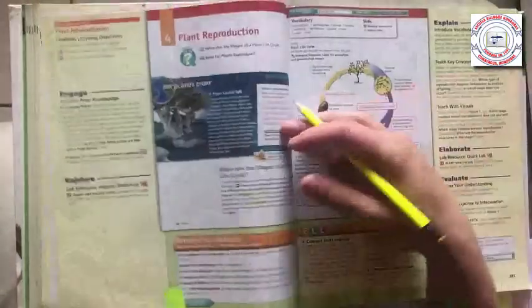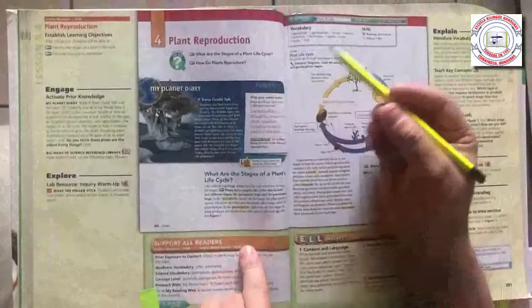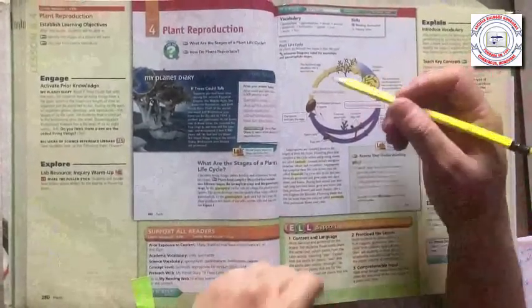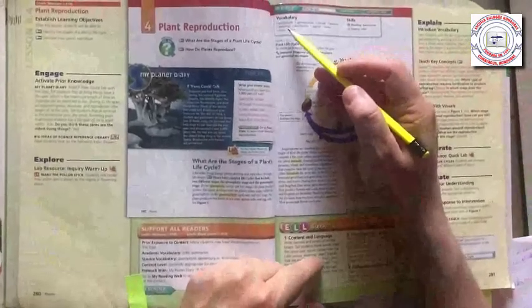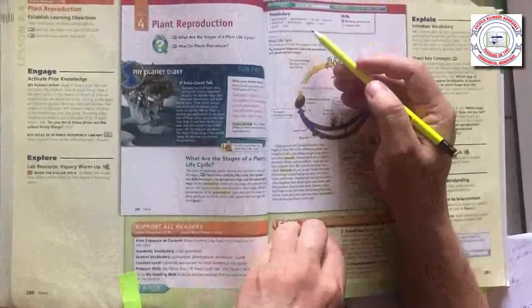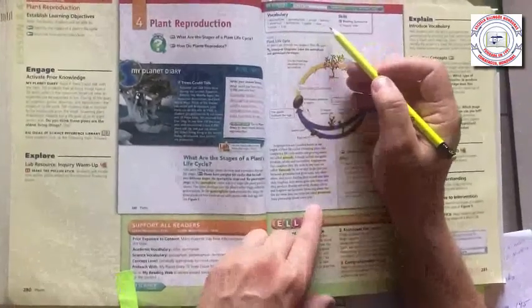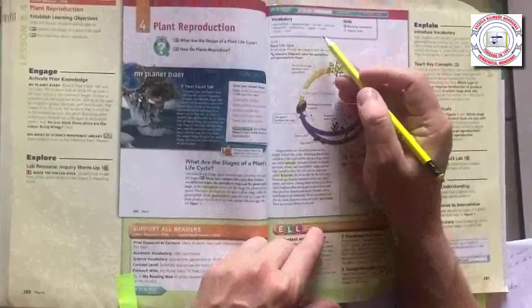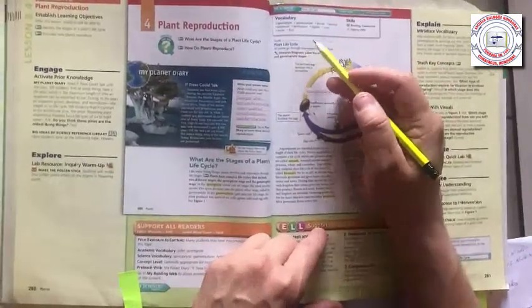We're gonna move to the next lesson, plant reproduction. In plant reproduction, you have, again, another vocabulary. For example, you have sporophyte, gametophyte, annual, biennial, perennial, fertilization, zygote, cone, ovule, and fruit.